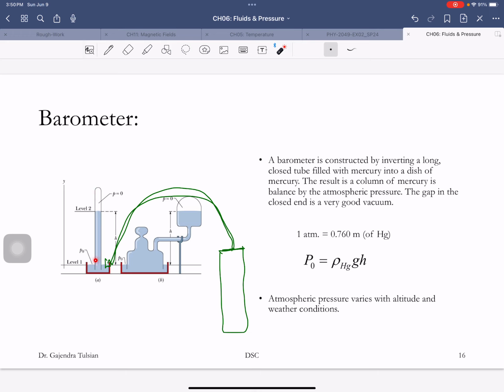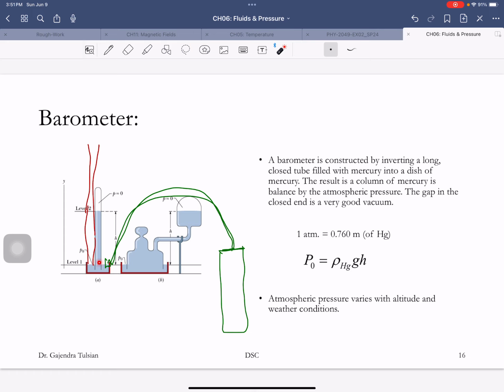This column of mercury is balancing a column of air all the way to space, and this weight is equal to this weight, and that's atmospheric pressure.